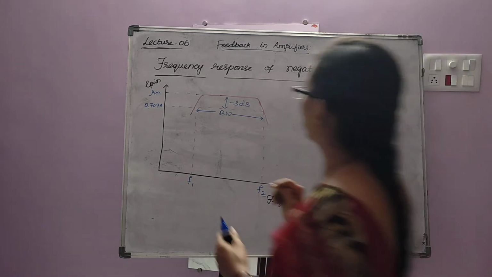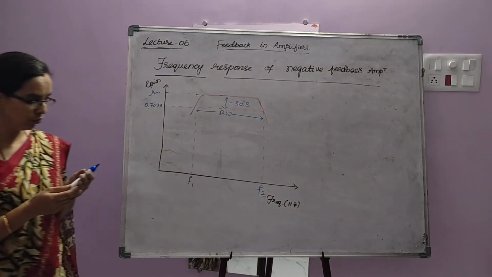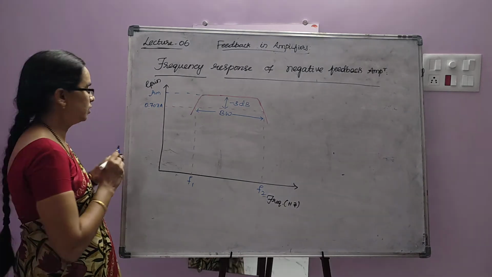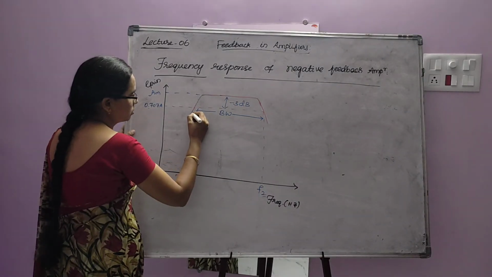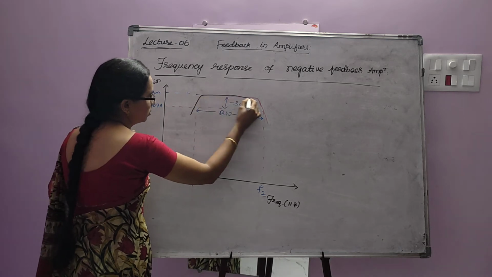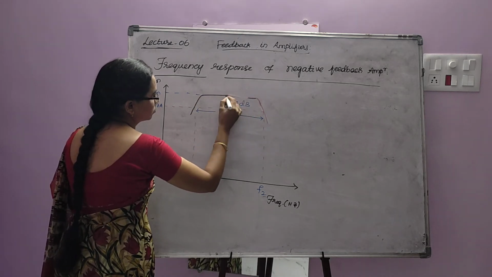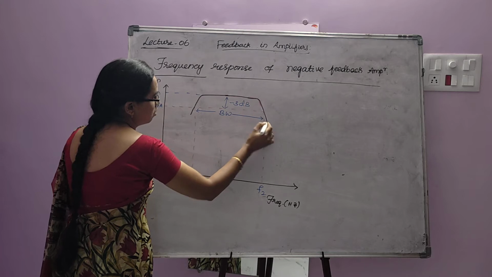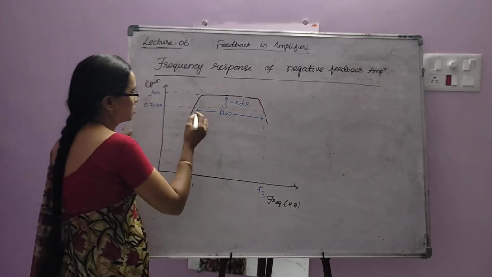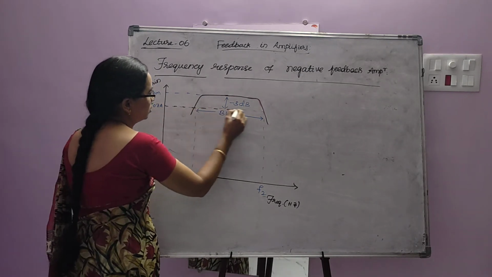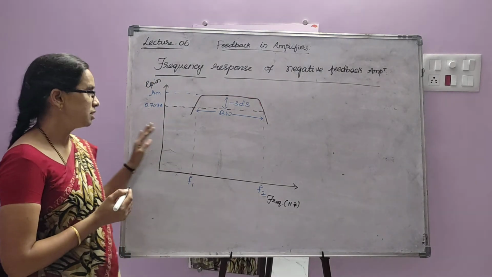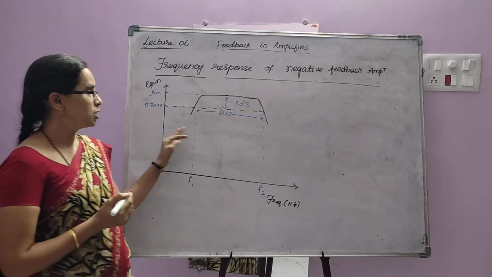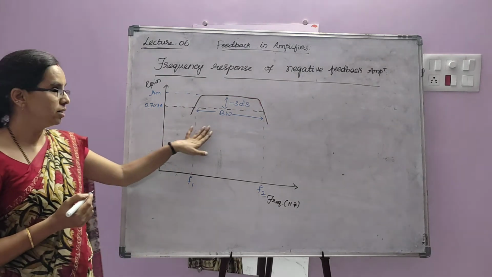Okay, let us look into the frequency response of the negative feedback amplifier. This is the frequency response curve for the negative feedback amplifier. For the open loop amplifier, usually the frequency response curve will look like this.